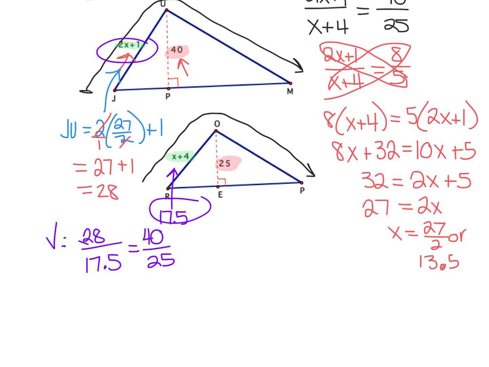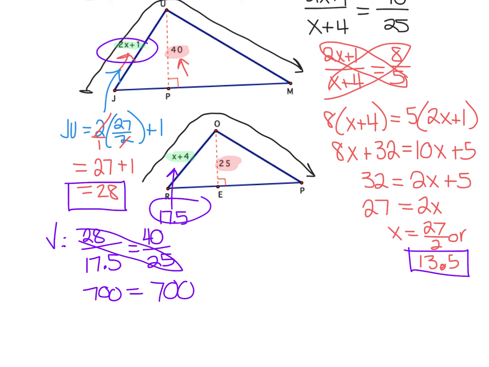In my calculator, I'm going to type in 28 times 25, which is 700. Does this equal 17.5 times 40? Whoops, I typed it in wrong. And I get 700. So this shows me that I did find the correct value of x, which was 13.5, and when I plugged it in, I got 28 for JU.